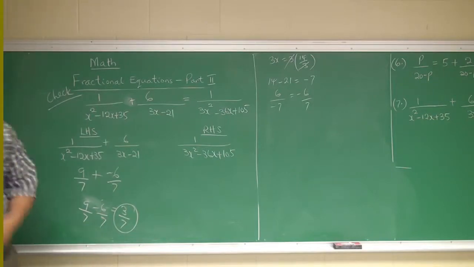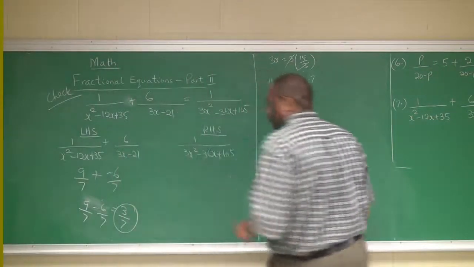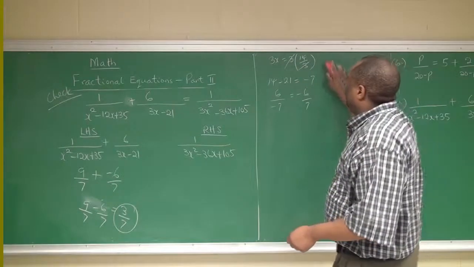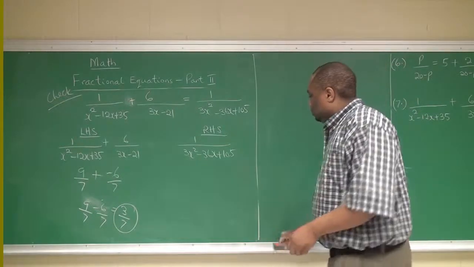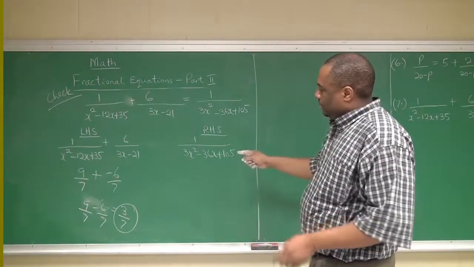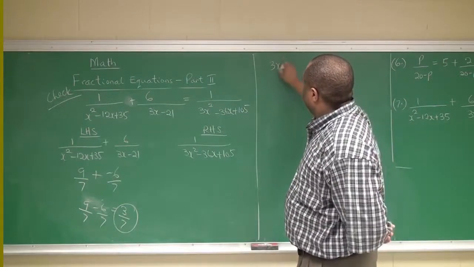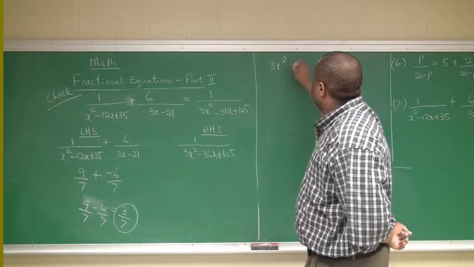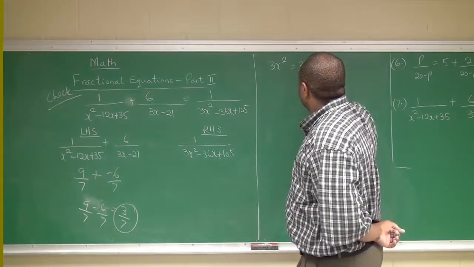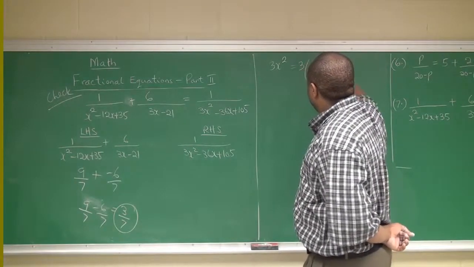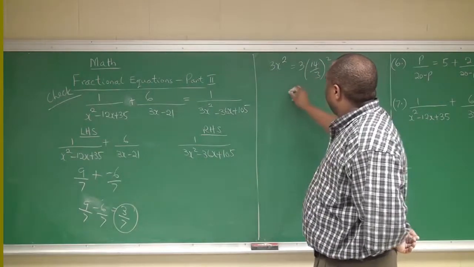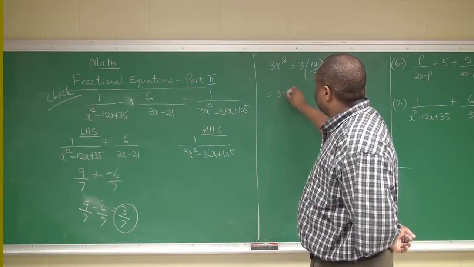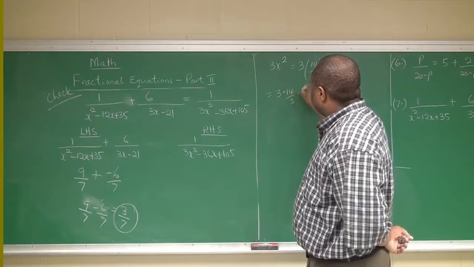Now let's do the right-hand side. We have 3x squared. Let's start with the denominator. 3x squared is 3 times 14 over 3 all squared. So this is 3 times 14 over 3 times 14 over 3.